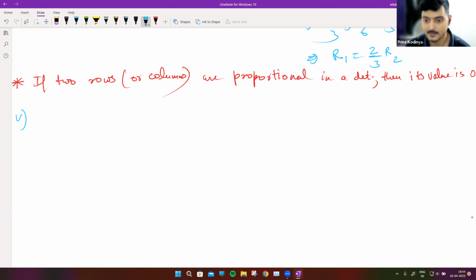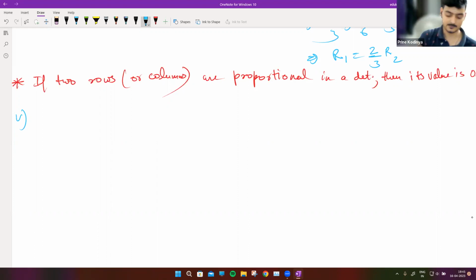Now, listen to it very carefully. We can only add two determinants, or we can only subtract two determinants, when any two rows or any two columns of those determinants are identical.